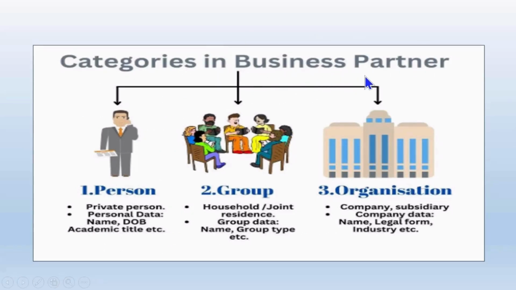Categories in business partner. In SAP S/4HANA, there are several categories of business partners. One, a person, an individual, such as a consumer, investor, or private person, can be a business partner. Two, a group like a household or joint residence can also be a business partner.